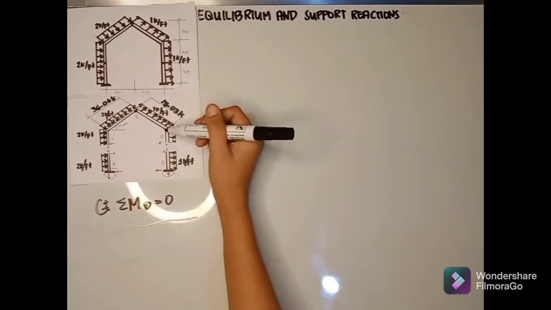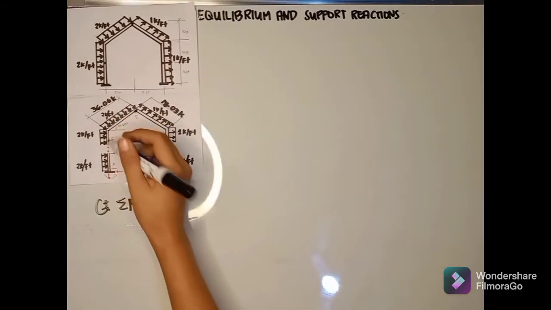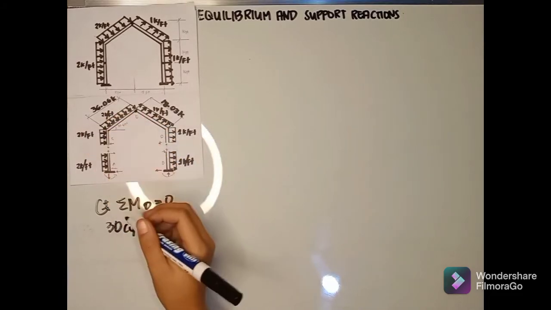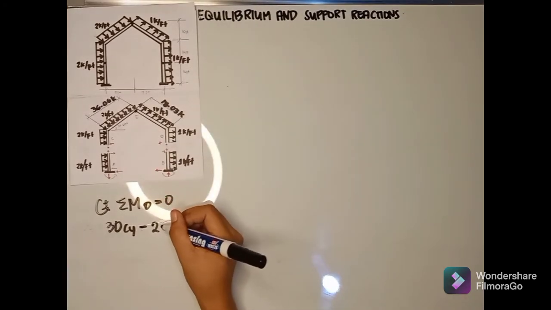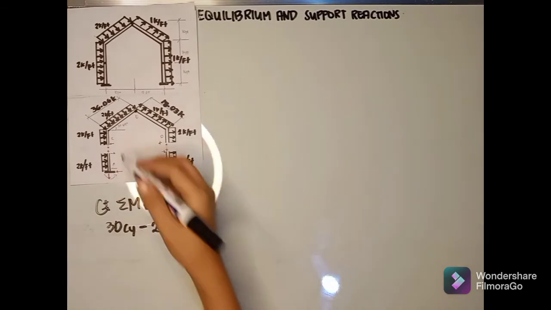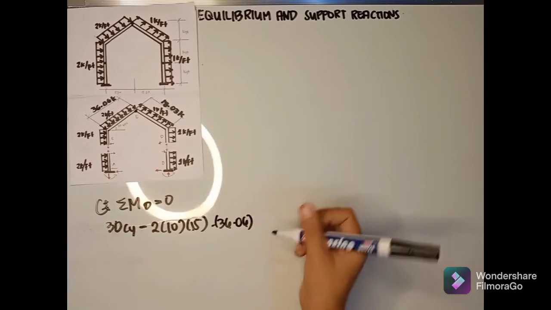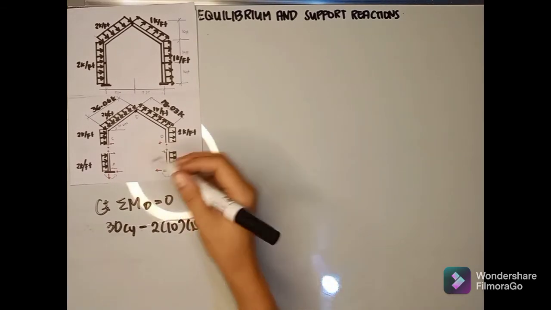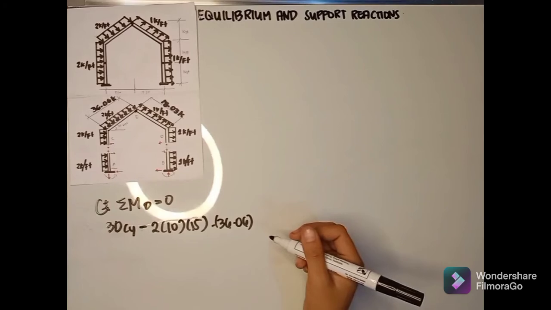We only consider the upper portion for now. So, for Cy, 30 Cy minus the 2 kips per foot times the length of 10, times its moment arm of 15, minus the 36.06 kips force. Since it is diagonal, let's find its vertical and horizontal components.